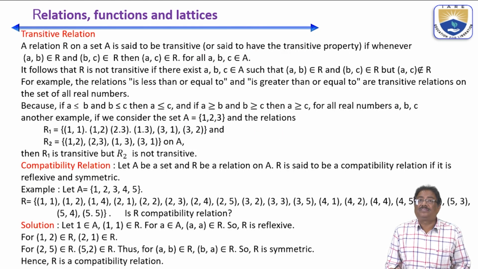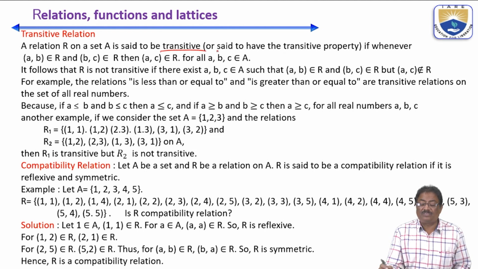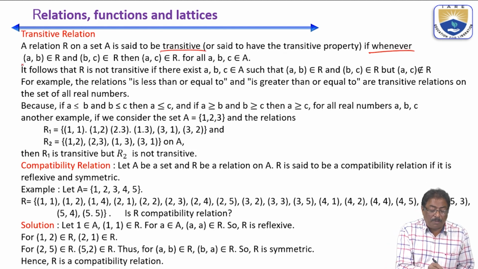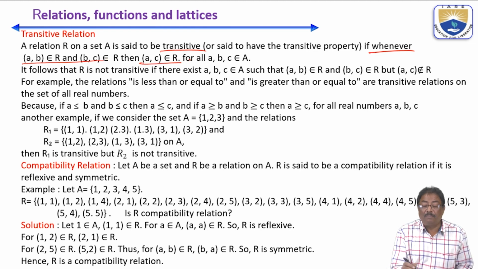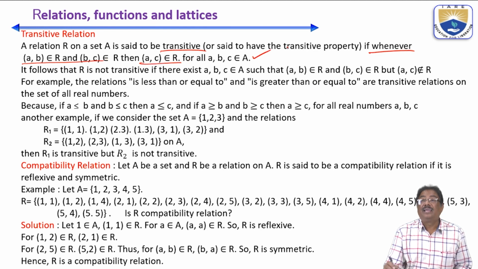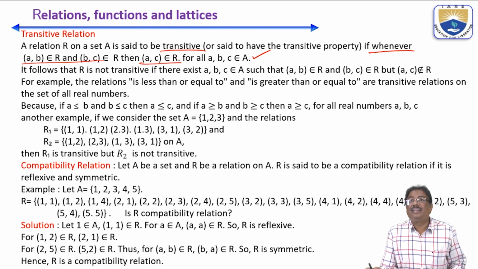Then the transitive relation. A relation R on a set A is said to be transitive whenever (a, b) belongs to R and (b, c) belongs to R, then (a, c) belongs to R. Then we can say that it is transitive.